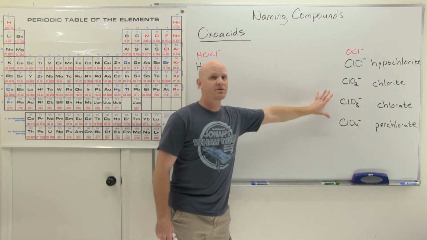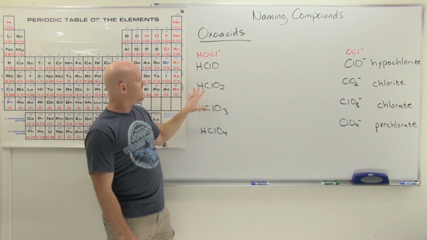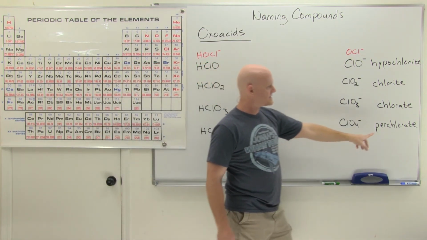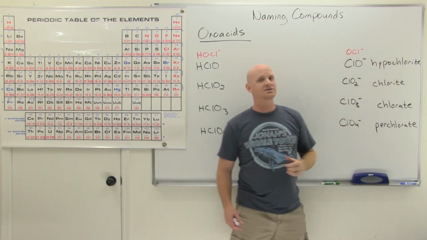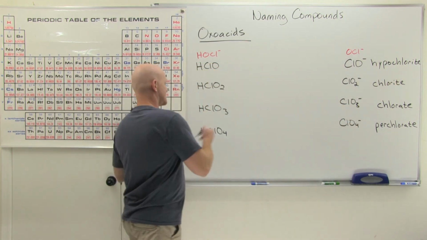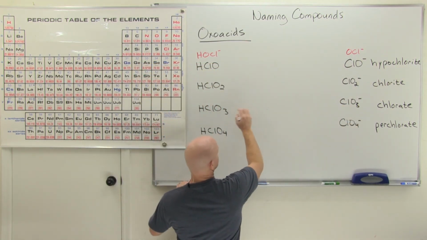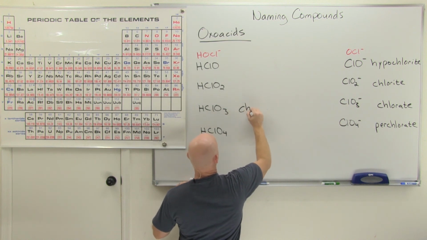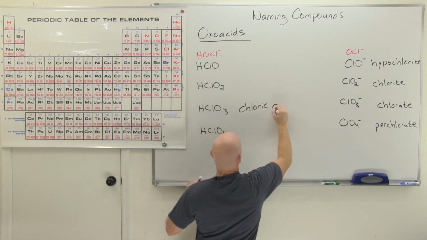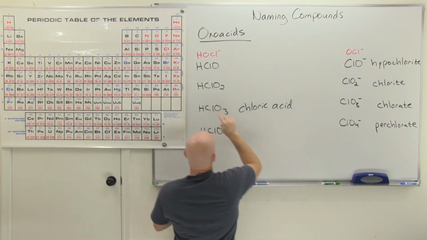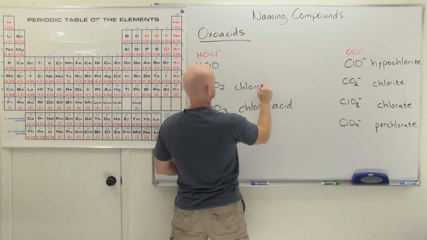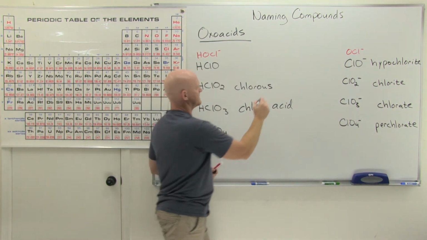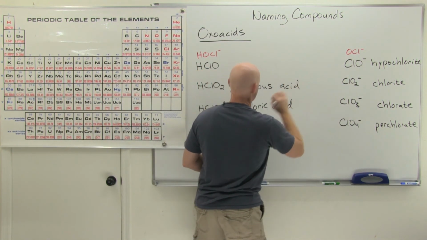Cool. Now, if we go back from these and go to the oxoacids, again, ate is still going to turn into ic, and ite is still going to turn into ous. So in this case, let's just start with the middle two again. Chlorate is chloric acid, and chlorite becomes chlorous acid. Let's make sure we get that word acid on there.